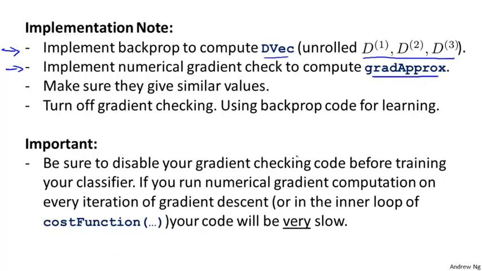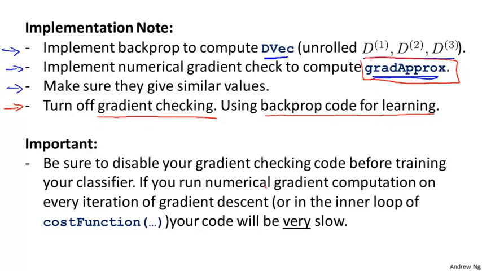Then you should make sure that dvec and grad approx give similar values, let's say up to a few decimal places. And finally, and this is the important step, before you start to use your code for learning, for seriously training your network, it's important to turn off gradient checking and to no longer compute this grad approx using the numerical derivative formulas that we talked about earlier in this video.